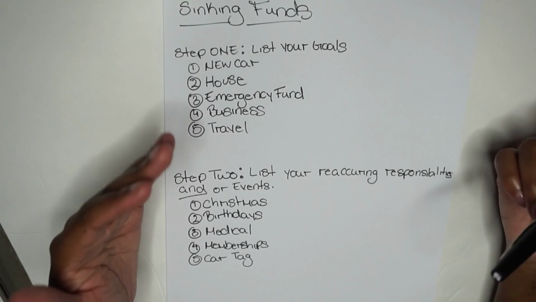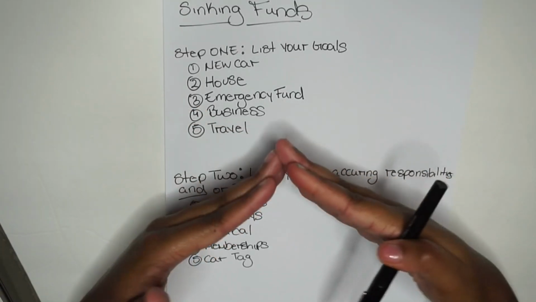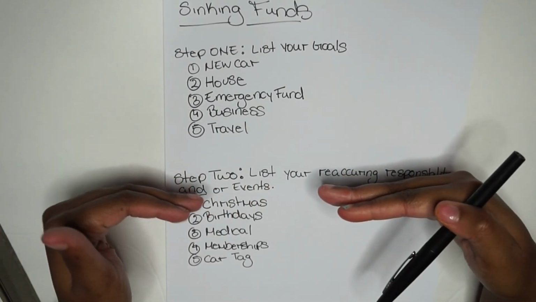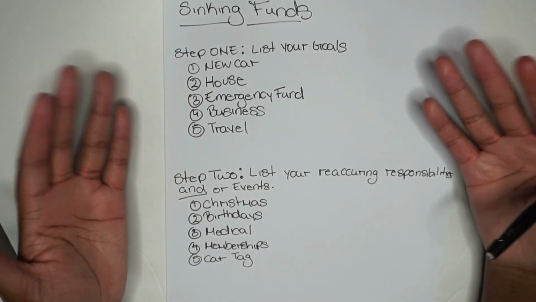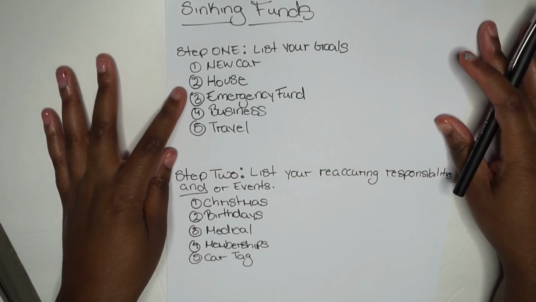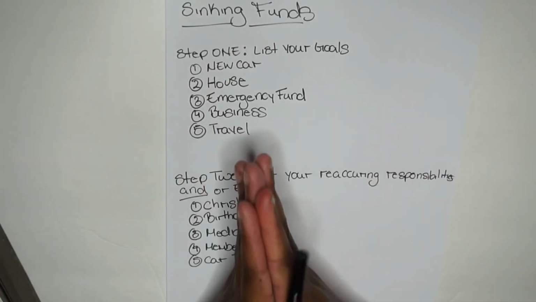So these would be the sinking funds that you deem important to you based on the steps that you have taken. By doing these 2 simple steps, you are able to create the sinking funds that you need, not necessarily want.